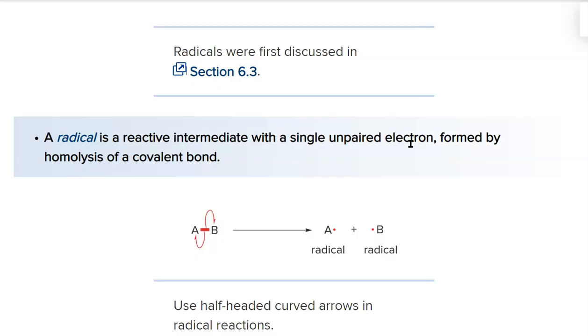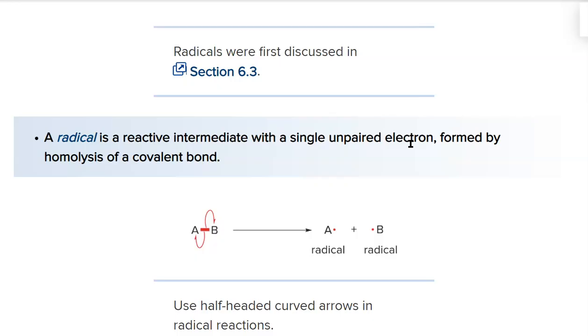So, defined, a radical is a reactive intermediate with a single unpaired electron. Now listen carefully to that: unpaired electron. Sometimes people confuse that with a phrase that we've used a pretty good bit over the last year and a half, which is unshared pair, like a lone pair. Not the same thing. This is not a pair of electrons.